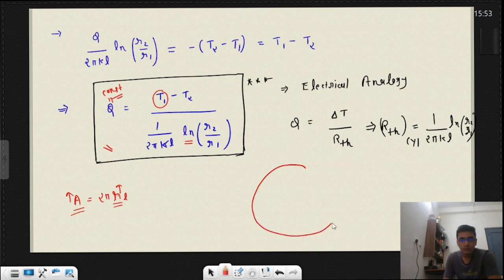So let us say this is our cylinder. Across the cross section, the temperature profile will look something like this. Suppose this is the temperature T1, the higher temperature.